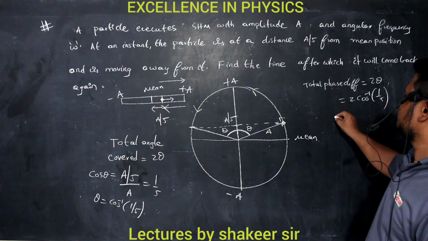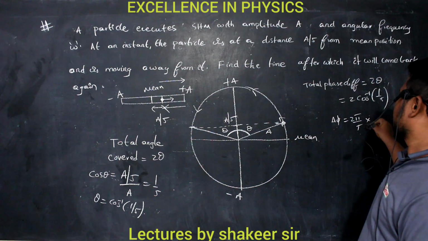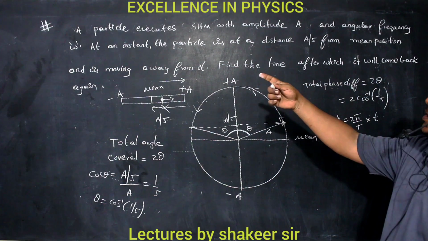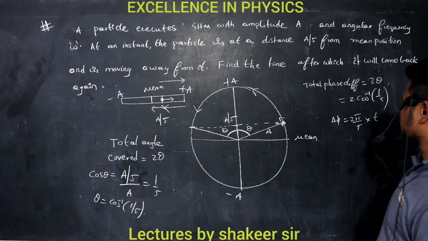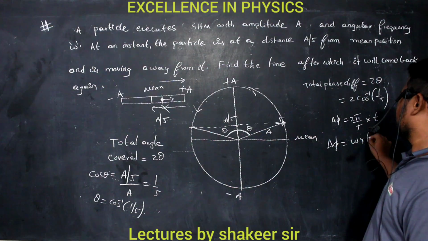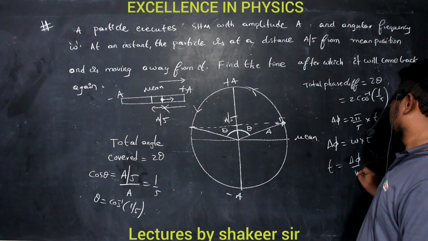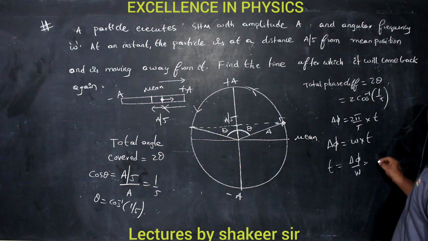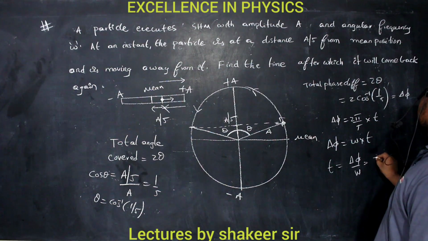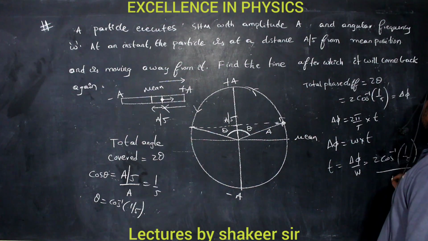The relation is delta phi equals 2 pi by T into small t. 2 pi by T is called omega, and omega is already given. So delta phi is equal to omega into t. Therefore t is equal to delta phi divided by omega. The delta phi value here is 2 cos inverse of 1 by 5, divided by omega.